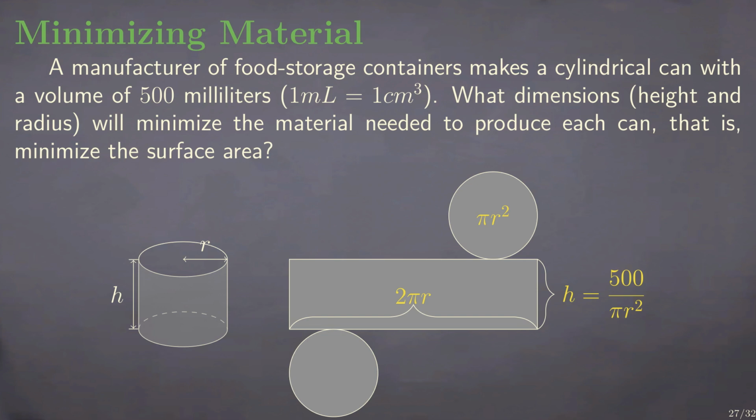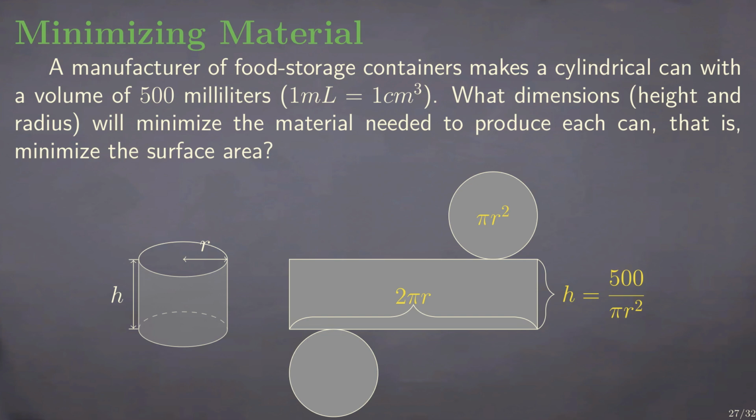Okay, so we see that if we unfold the can, then the material needed to make that can is actually the material needed to create two circles, that is the top and the bottom of the can, and also the rectangle that makes up the wall of the cylinder. So let's denote h the height of the can, and r the radius of the top as well as the bottom of the can.